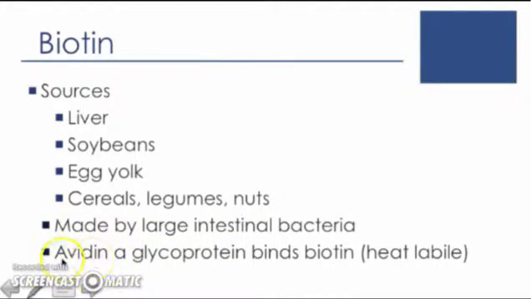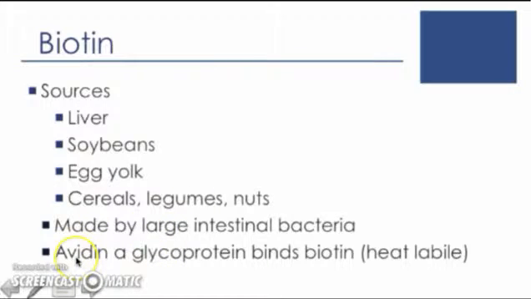So avidin is found in egg whites. We see here that egg yolks contain biotin. However, when consuming a raw egg that has, again, both the egg white containing avidin and the egg yolk containing biotin, the avidin, this glycoprotein in the egg white, binds to biotin. So avidin binds to biotin in the egg yolk, making it unavailable for absorption.